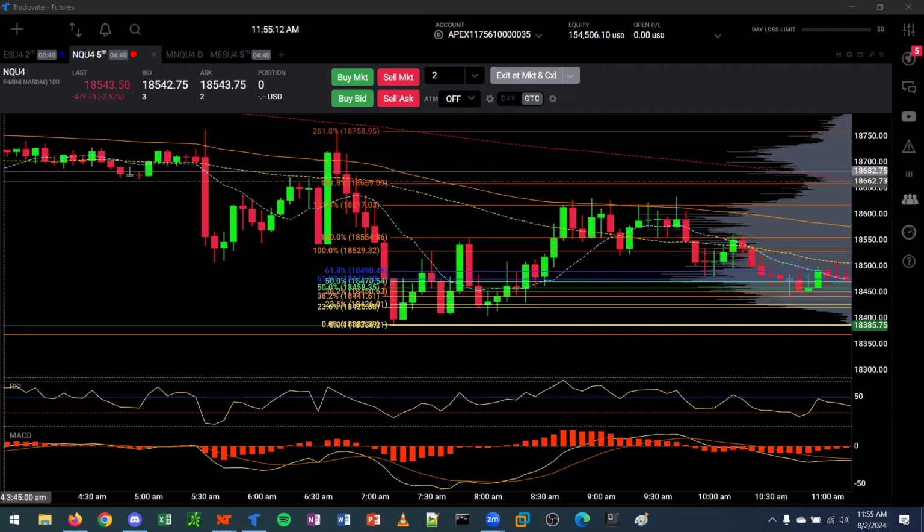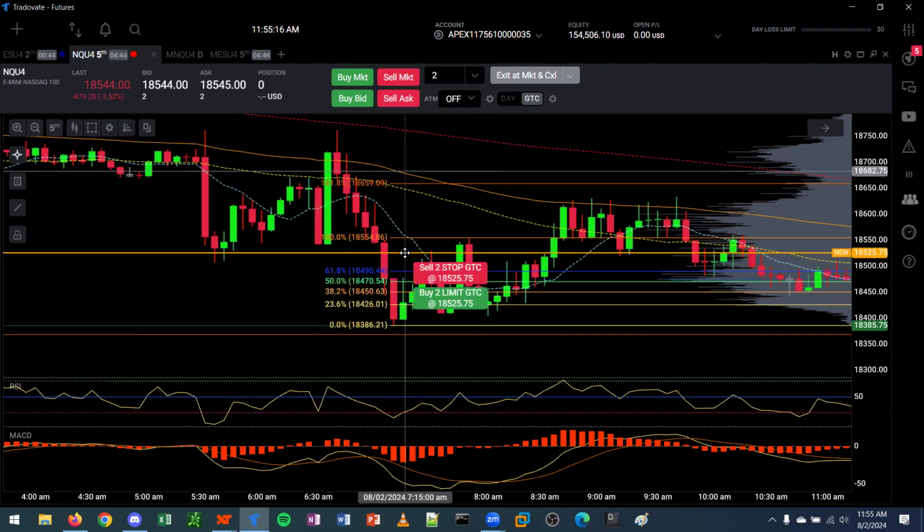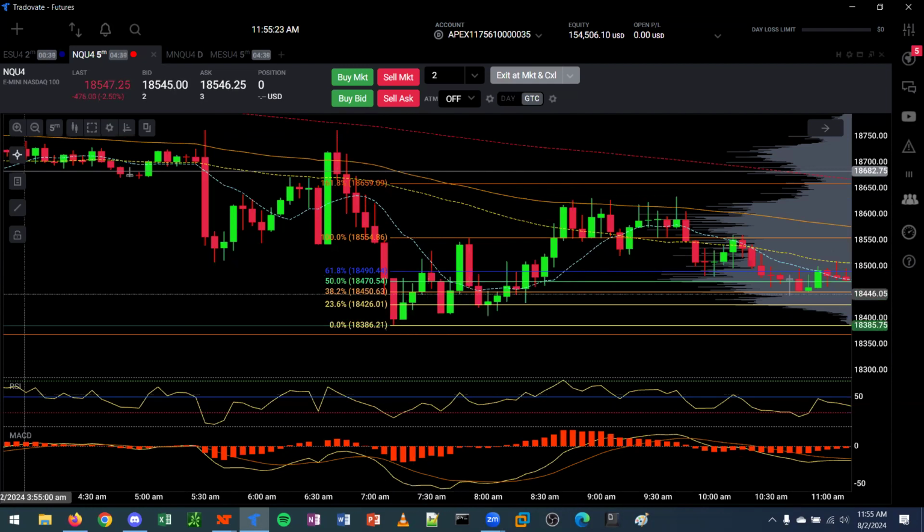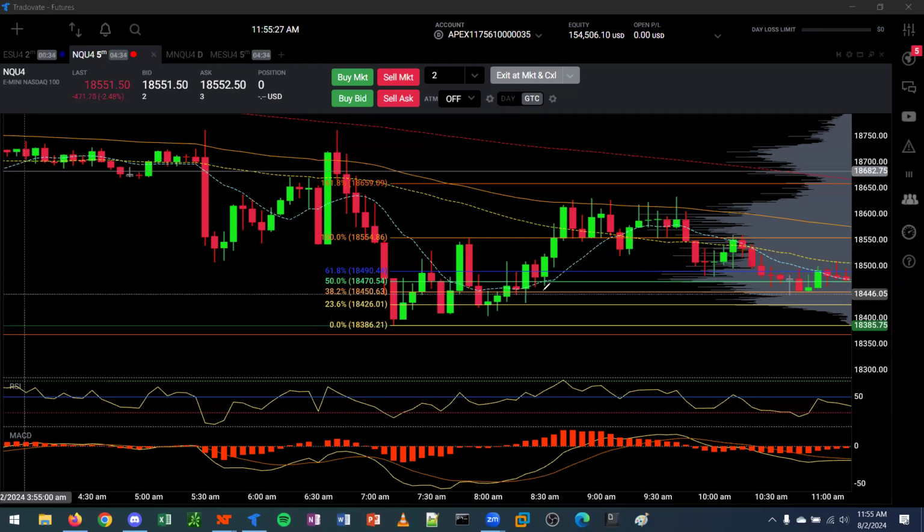The way that I like to use them, or use as confirmation, is the style that I trade. If I'm going to go long, I'm not going to go long here. If it would have tagged the 0%, then I would have gone long to the 50%.